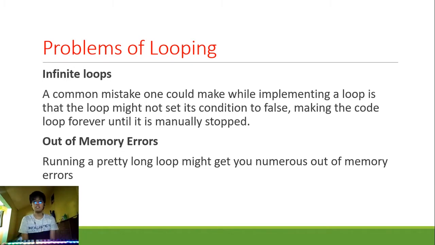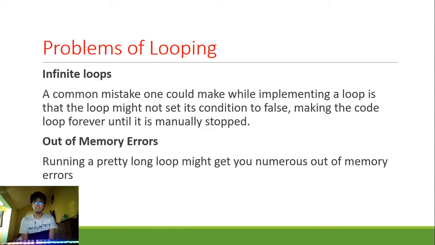Looping also has its disadvantages, and these are infinite loops and out-of-memory errors. Infinite loops are a common mistake one could make while implementing a loop. The loop might not set its condition to false, making the code loop forever until it's manually stopped.